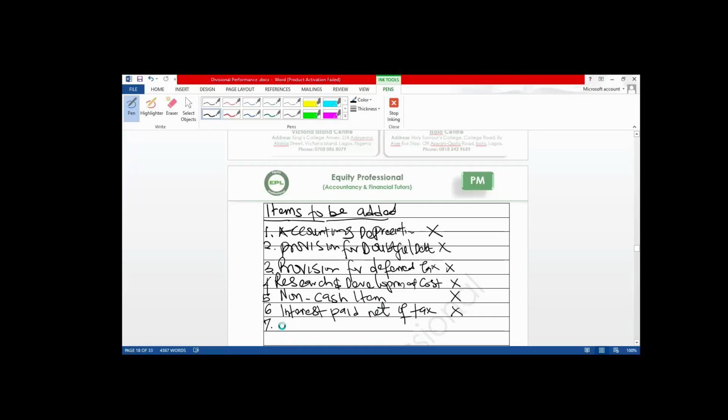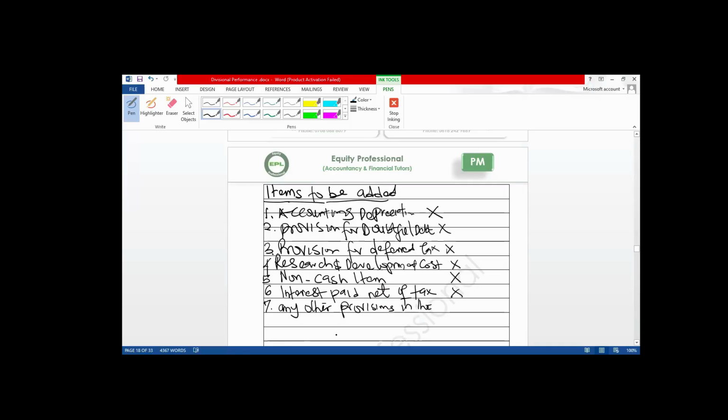Then seven, any other provision in the income statement. Your income statement, your profit or loss statement.